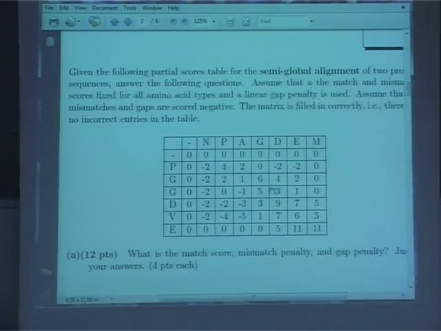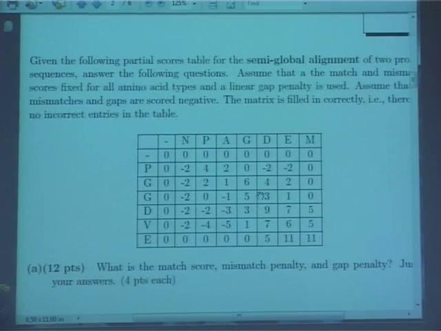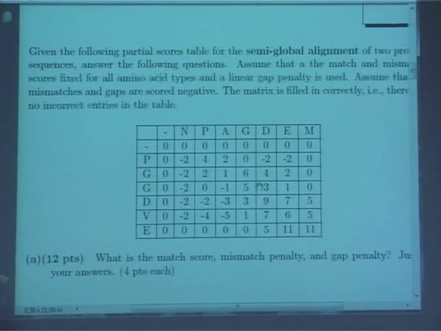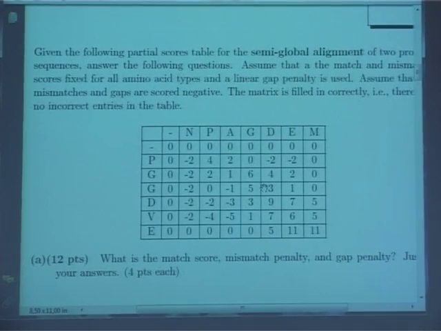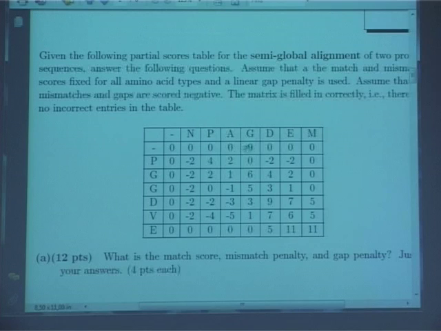The only difference is that if we have gaps at the terminals, similar to the flanking idea, but we don't have any flanking region here, they are not penalized. In other words, in the partial scores table, we are not going to see the gap penalty in the first row and the first column, and also in the last column and the last row.